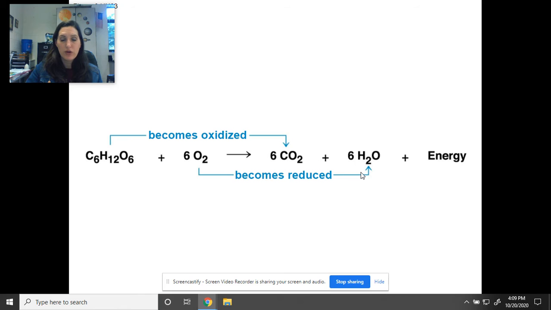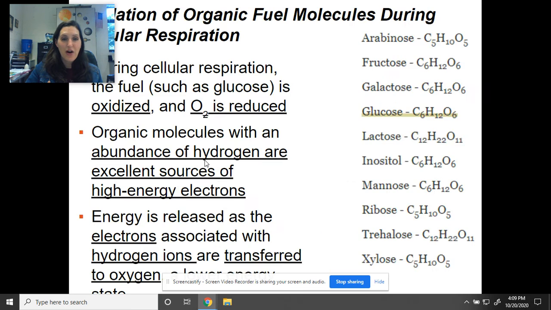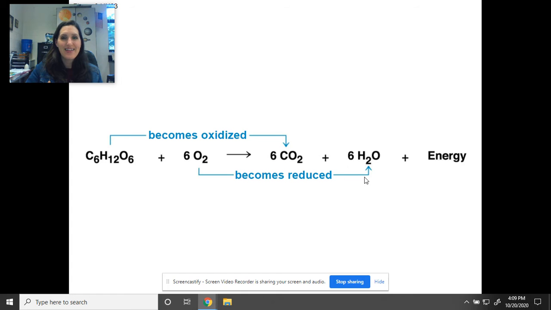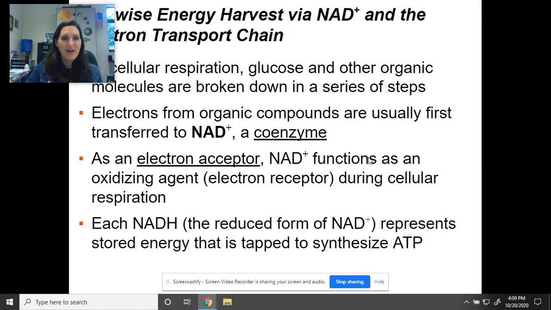Oxygen becomes reduced into water. Glucose is the reducing agent turning into CO2. Oxygen, now I've lost it, is the oxidizing agent that's going to turn into water. Okay? All right.